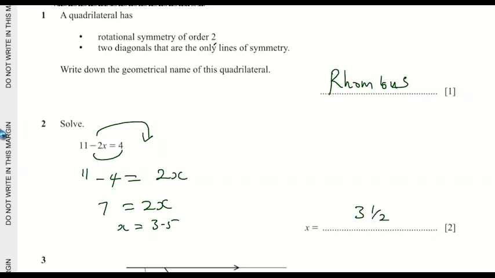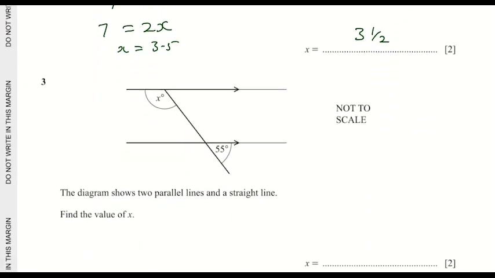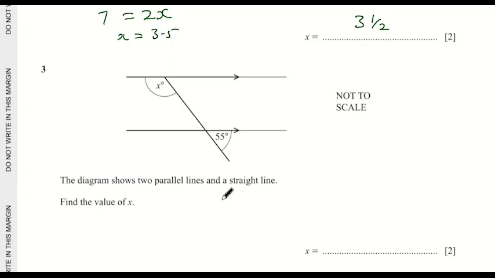Question 3. The diagram shows two parallel lines and a straight line. Find the value of x. So from here, this angle and angle 55 degrees are angles on a straight line. They add up to 180.